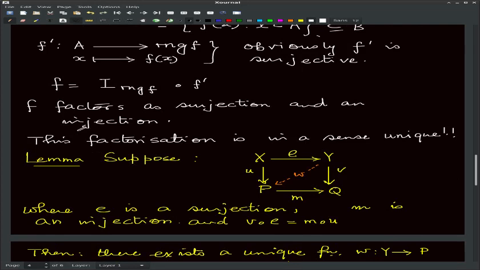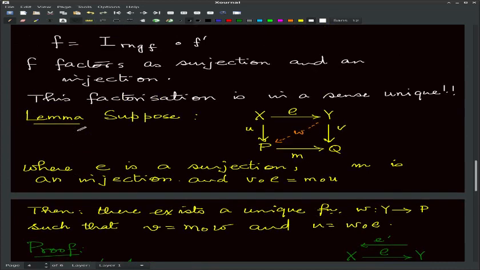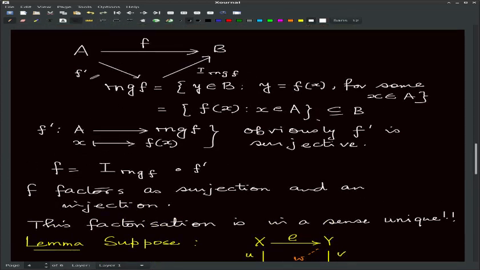Thanks. Now observe one thing in what I did in this proof. I never utilized explicit elements, except in this place, where I utilized the explicit description of this f prime and the explicit description of the range of f.